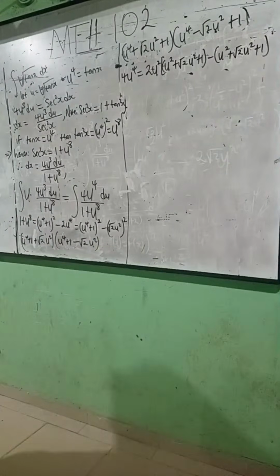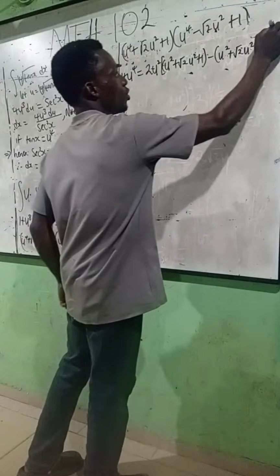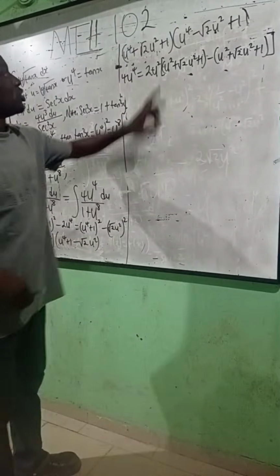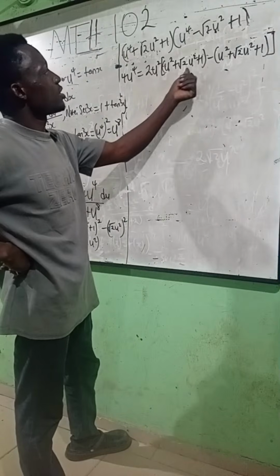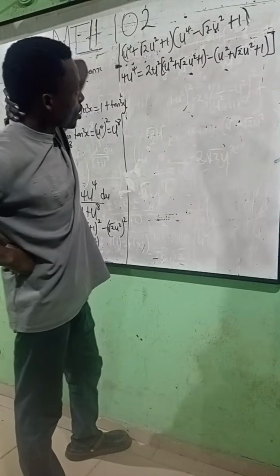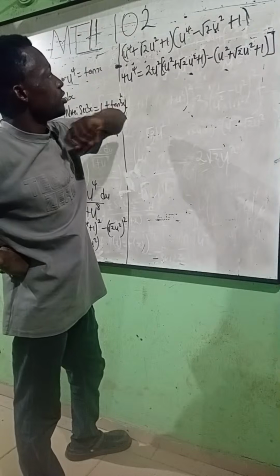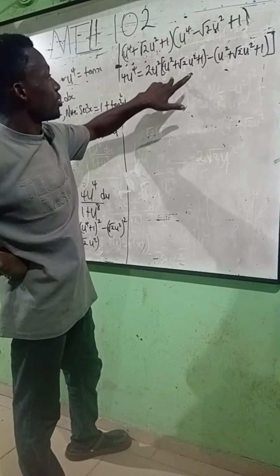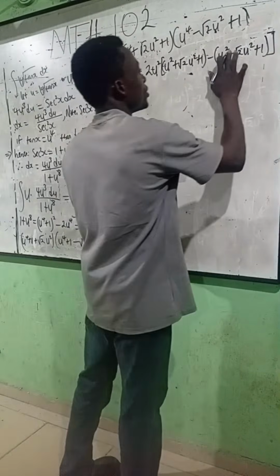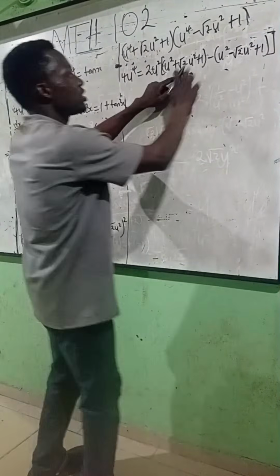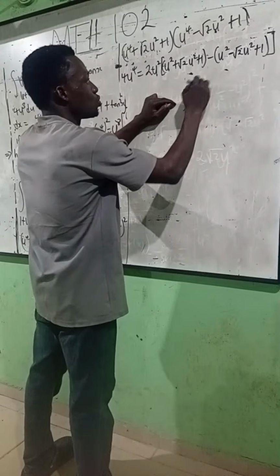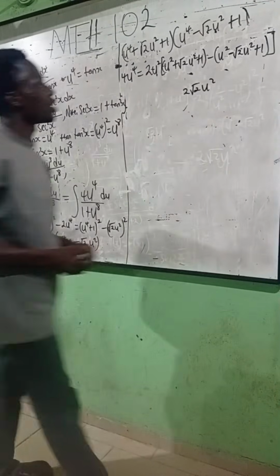Let me check, let me confirm it first before we conclude. This minus this is gone. This minus this is gone. Okay, let this be minus. So this will be this plus this, we have 2 root 2 u^2.